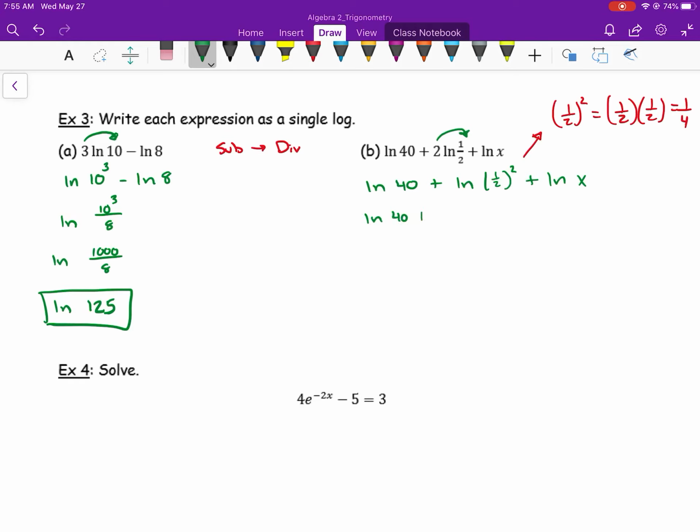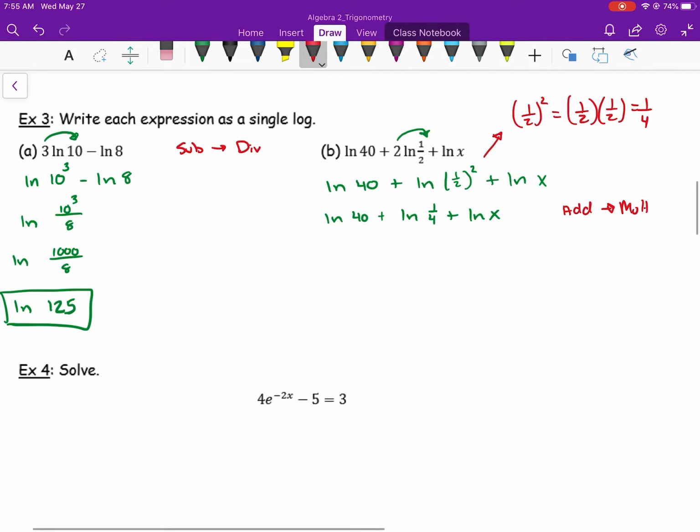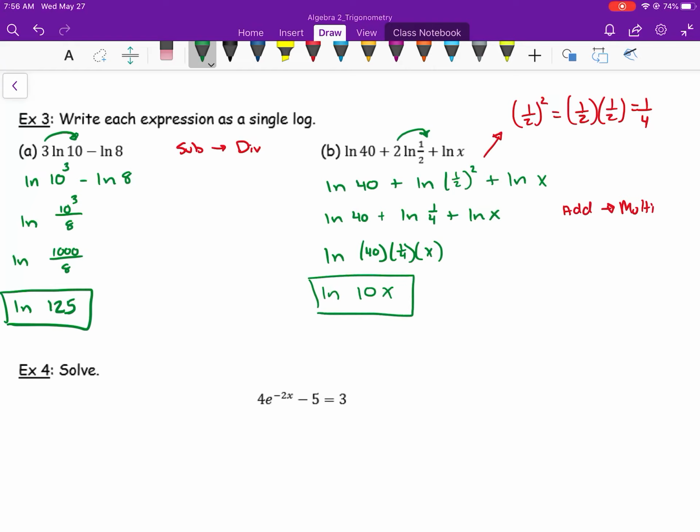So we have the natural log of 40 plus the natural log of 1/4 plus the natural log of x. Remember, addition becomes multiplication. So we have the natural log of 40 times 1/4 times x. So 40 divided by 4 is 10, and x stays as x.